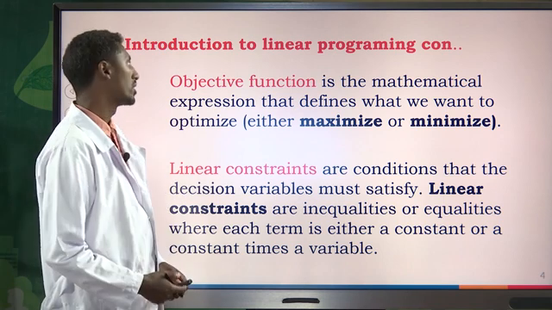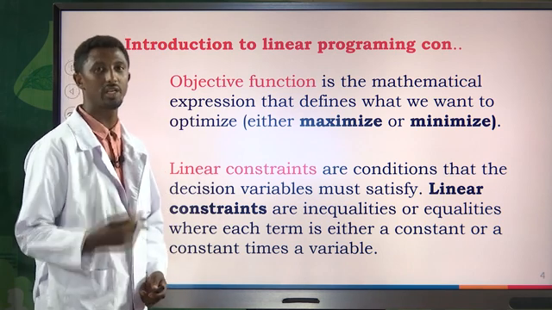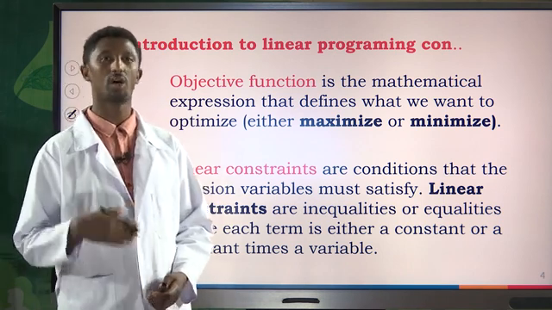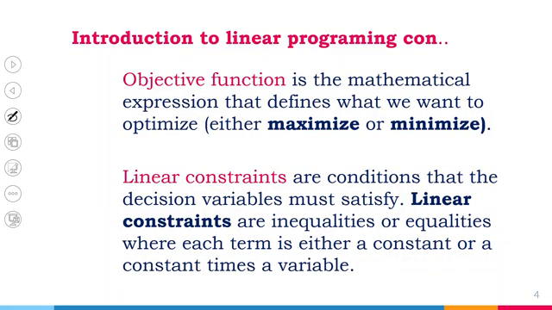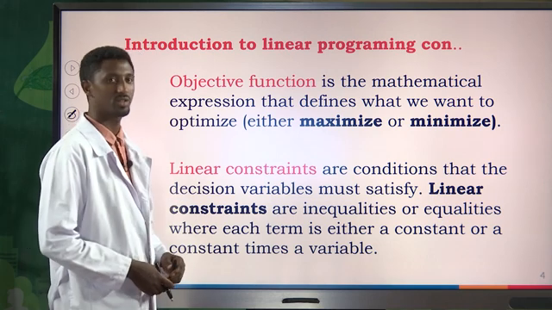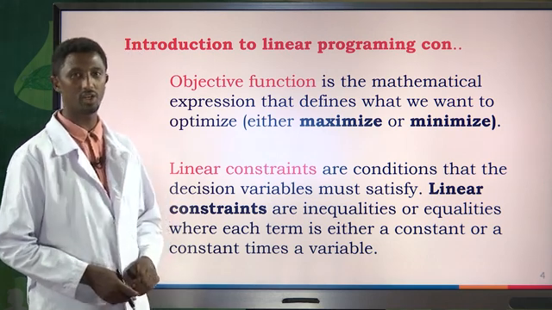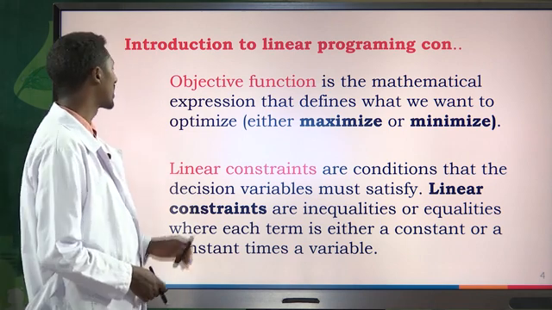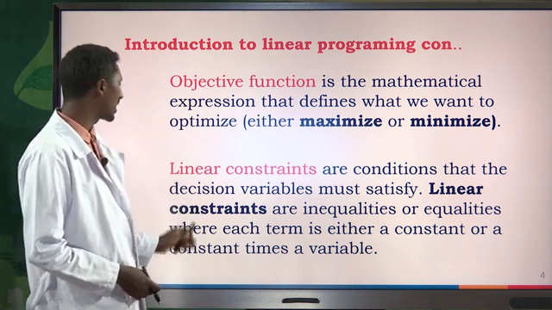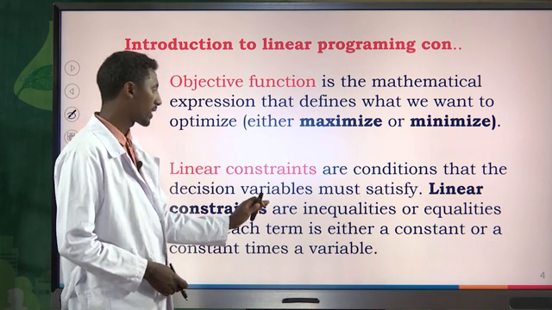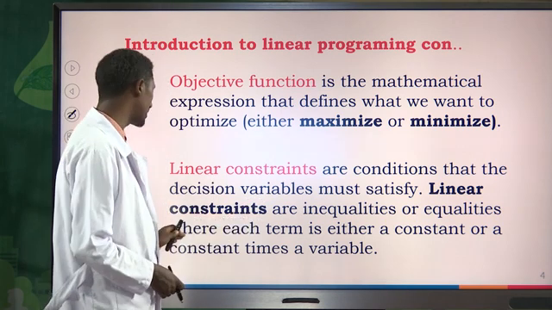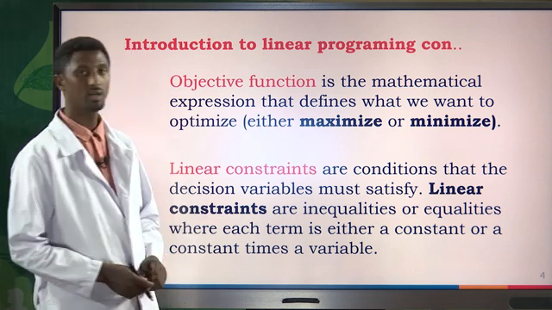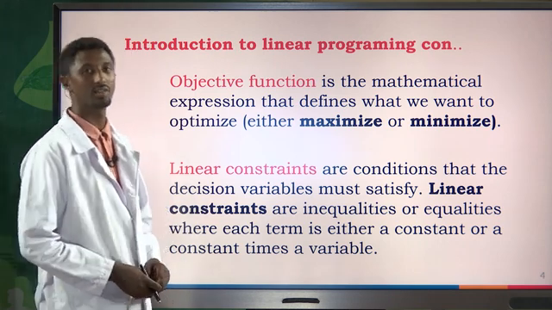In general, the objective function is a function for which we need to find the optimal value. This optimal value, or maximum or minimum value, of a given objective function is determined by linear constraints. So linear constraints are conditions that the decision variables must satisfy. Linear constraints are inequalities or equalities where each term is either a constant or a constant times a variable.